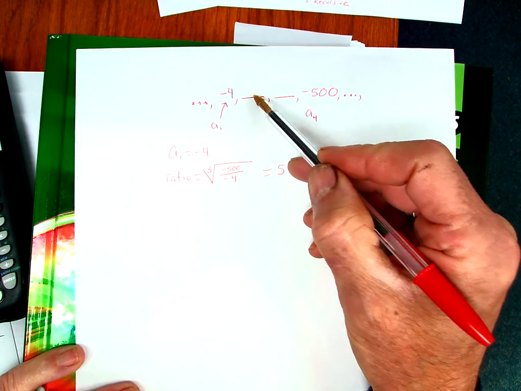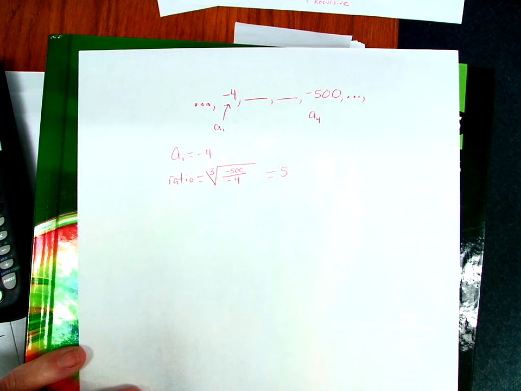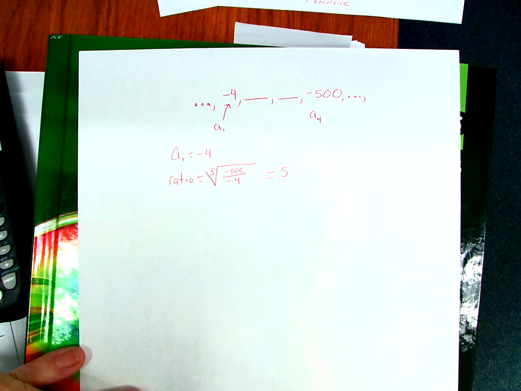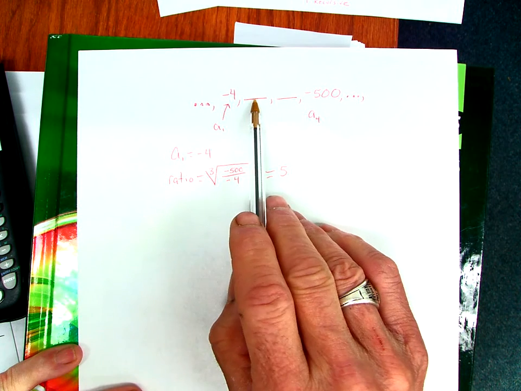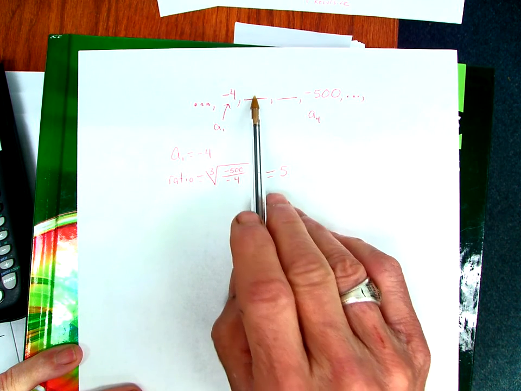So how do I find this element? I've got two choices. I can either use the explicit formula or I can use the recursive. Recursive turns out to be the easiest one to use if you know the value that comes right before this one.